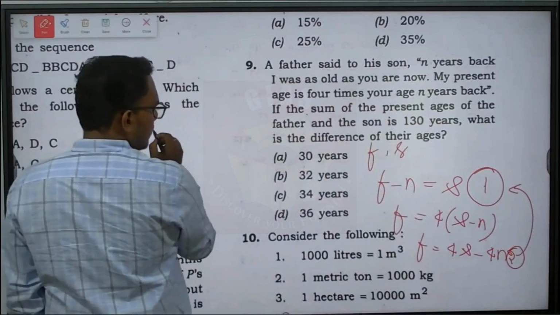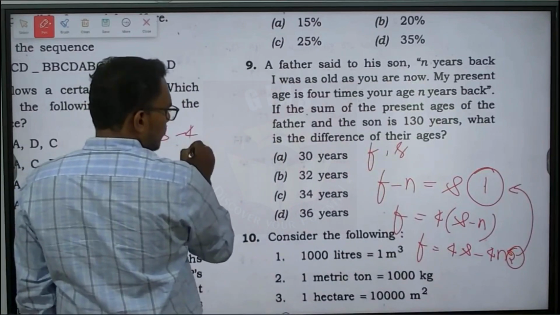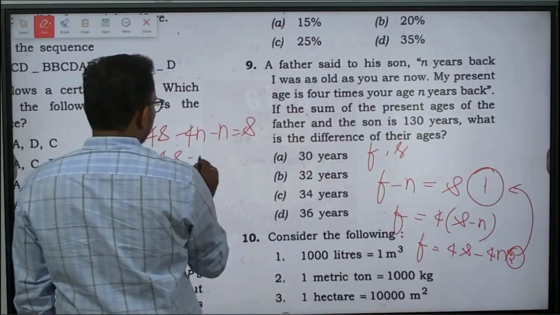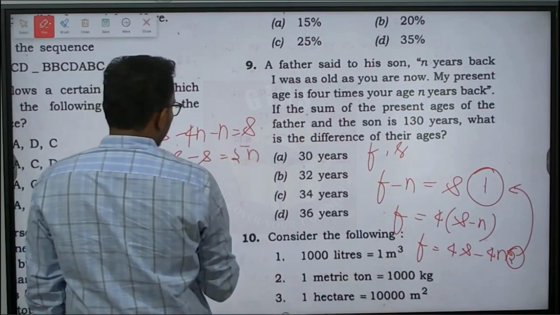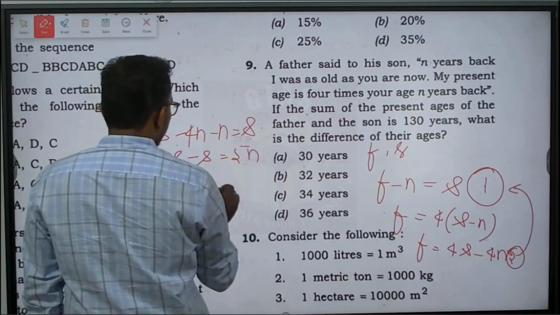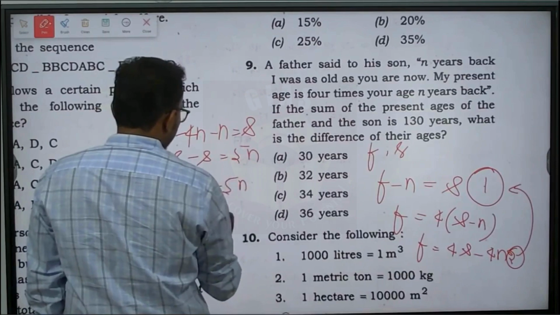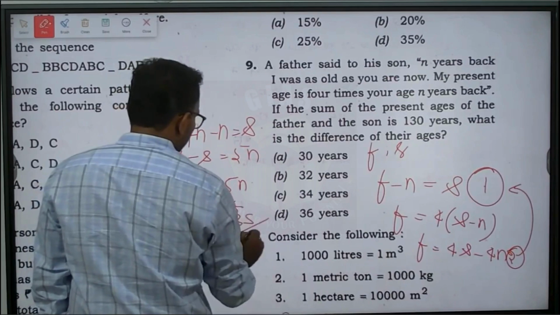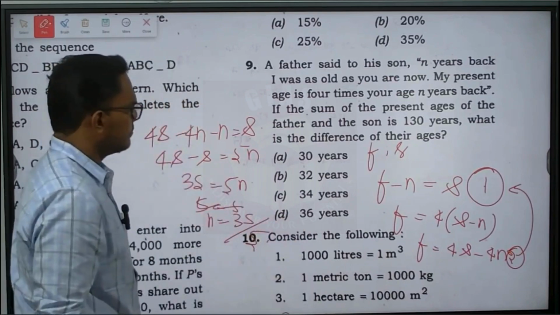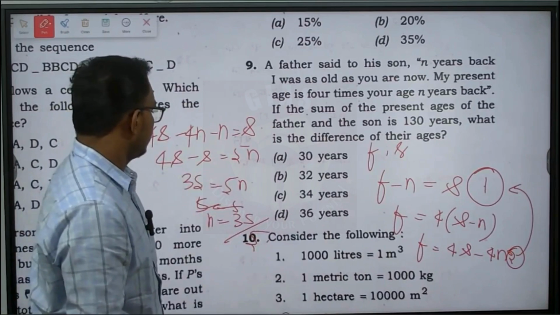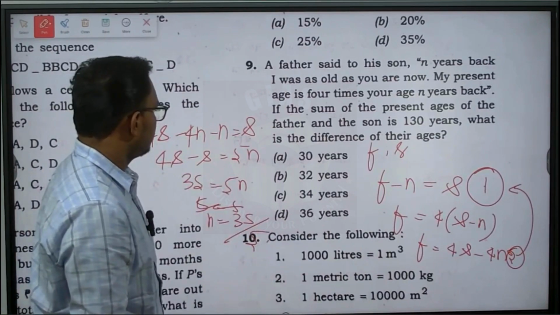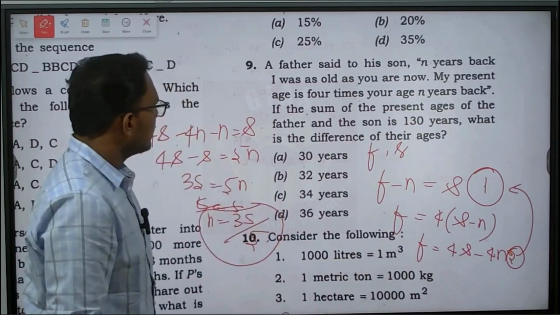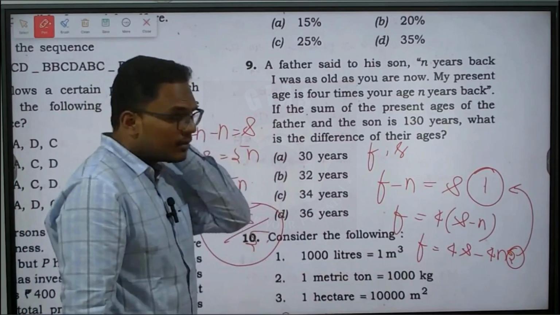So what you will have? 4s minus 4n minus n is equal to s. So 4s minus s is equal to 5n. So 3s is equal to 5n. So n is equal to 3s by 5. So the n years that you're telling is 3 times the age of the son by 5.